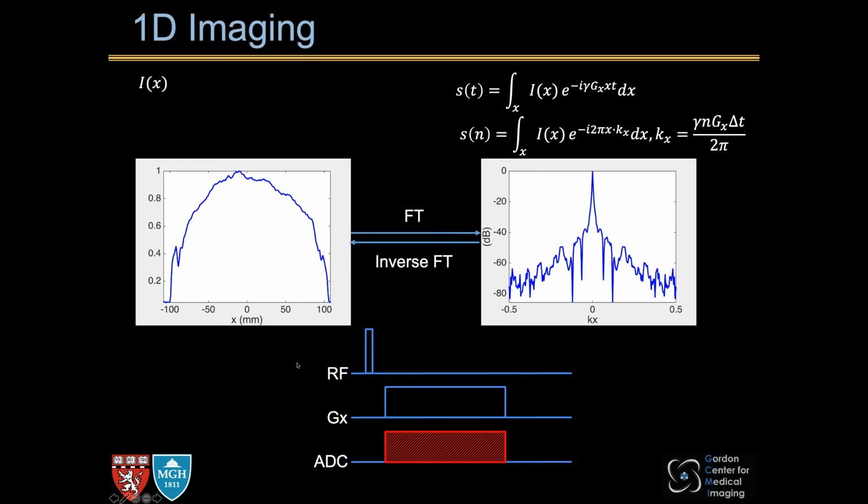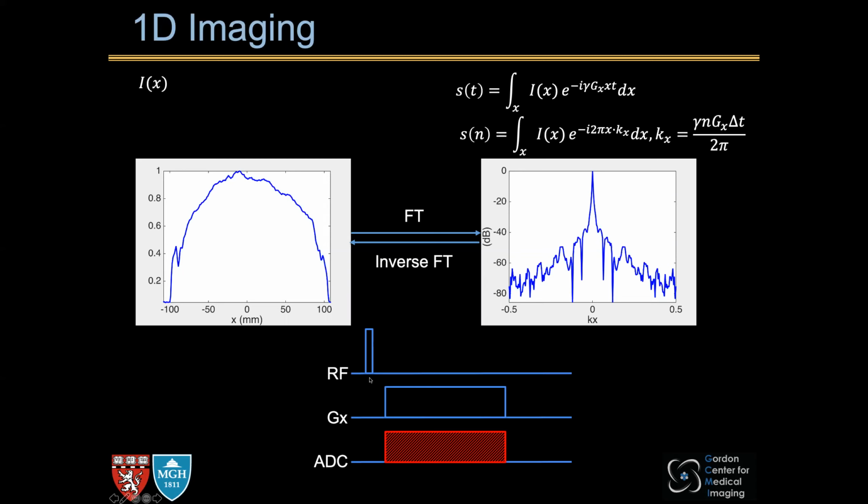As we can see here, the signal can be written in a discrete Fourier transform form. Here we define this kx as the coordinates of the signal in the Fourier domain, which we often call k-space. So now in summary, we know how to perform a 1D imaging experiment.